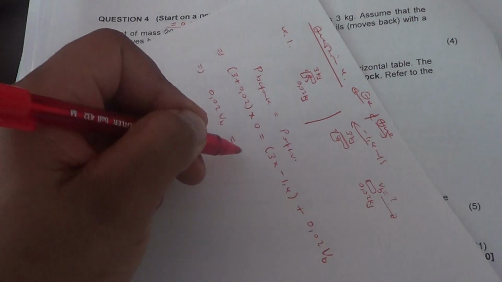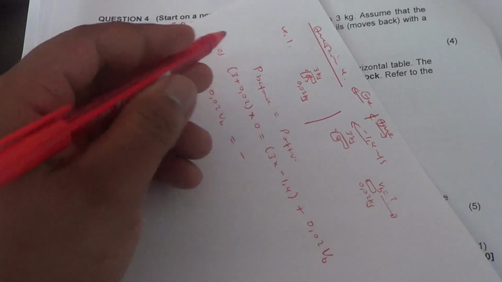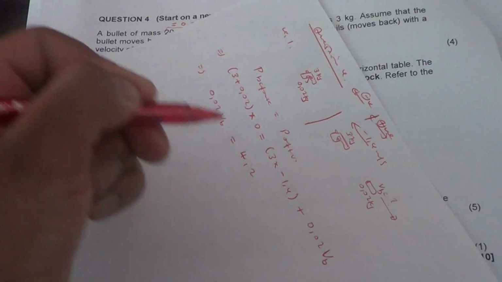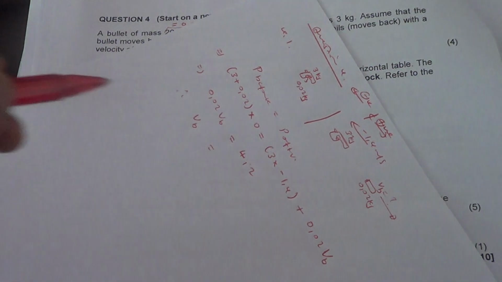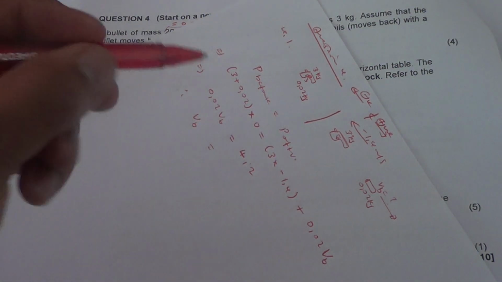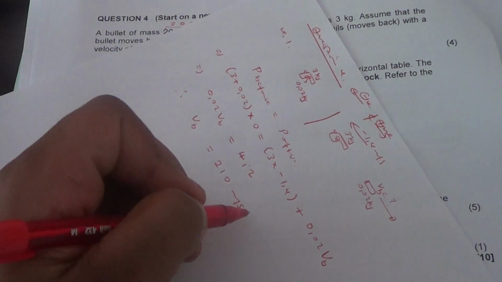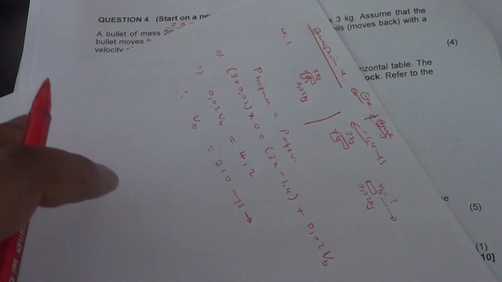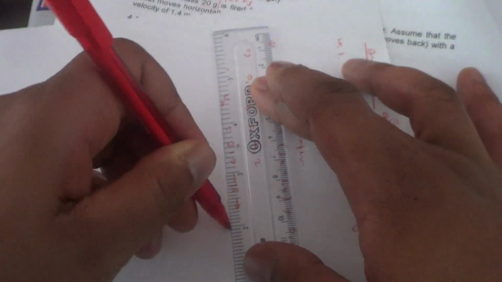But pay attention to the sign. Sorry, this is negative here, but when it comes to the other side, when you are transposing it, it becomes 4.2. Okay? And therefore we know that the velocity of the bullet is going to be 4.2 divided by 0.02, which is now 210 meters per second. And this is to the right. So you can just use that arrow there to signify the direction of motion.